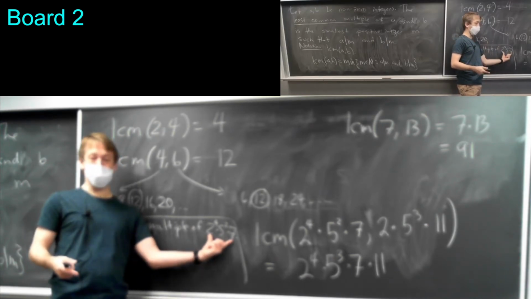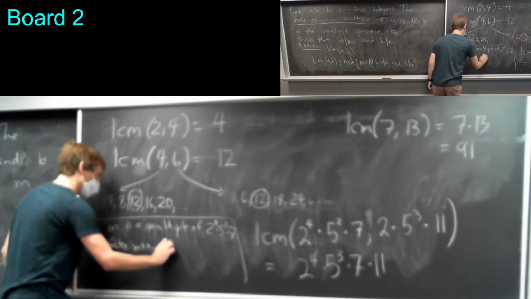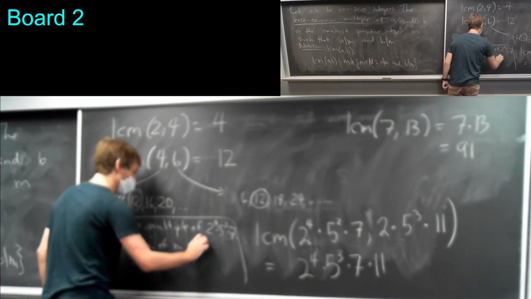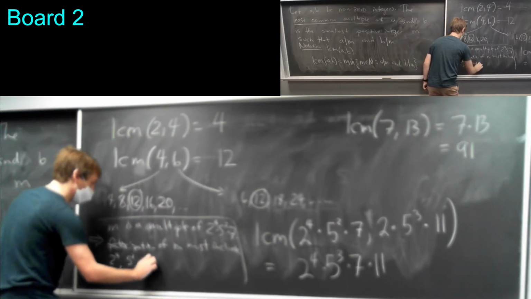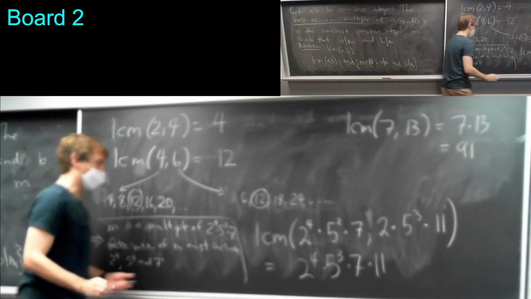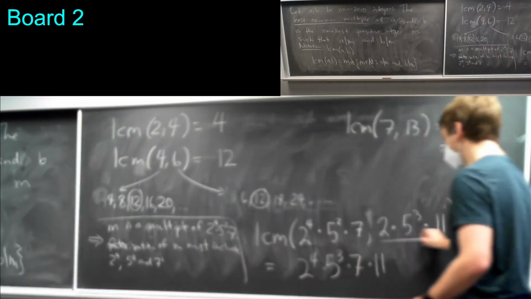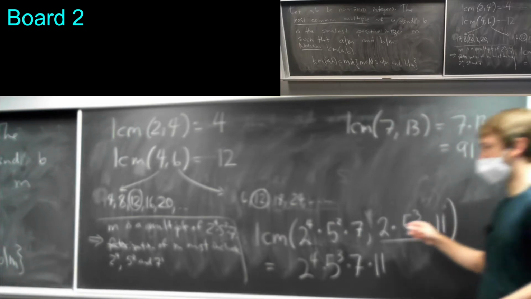So the factorization of m must include 2 to the 4, at least 5 squared, and 7. But also, if it's a multiple of the second number, the prime factorization has to include 2 to the 1, 5 to the 3, 11 to the 1.